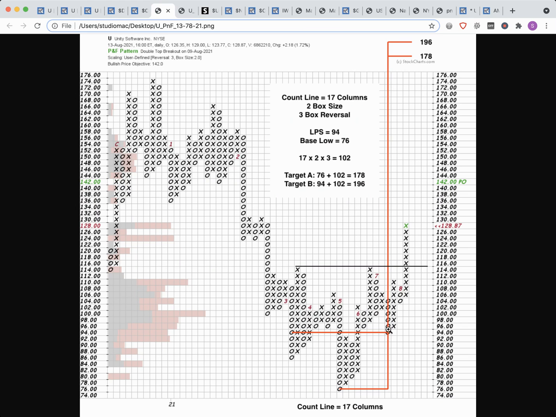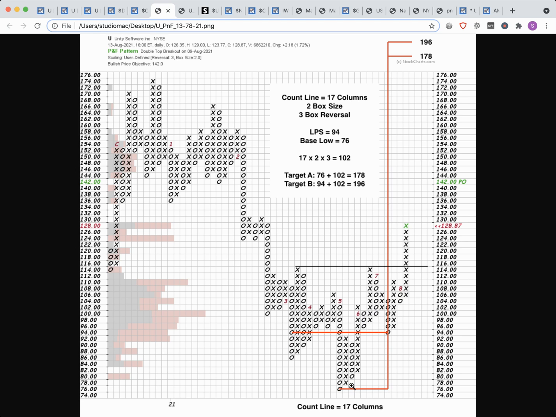So the last point of support is here at 94, and then the count line counts across from that back to the selling climax, which happened in March here, which gives us 17 columns. A quick way to count across is just to do it in 2s, because it goes from the O's to the X's, so you count from the X's. That's 2, 4, 6, etc. So you can quickly count across the rows. So we've got 17 on the count line there.